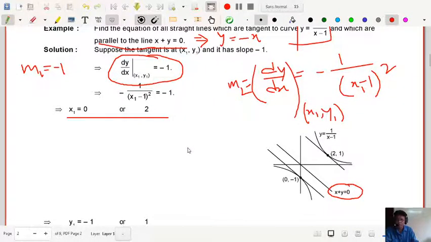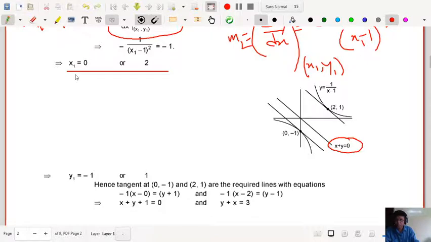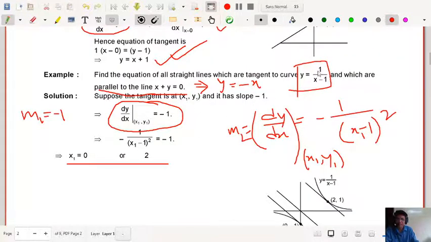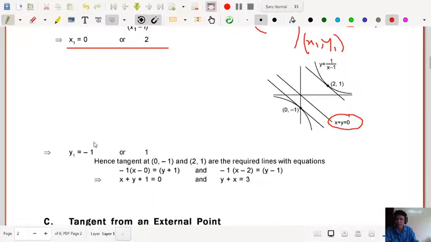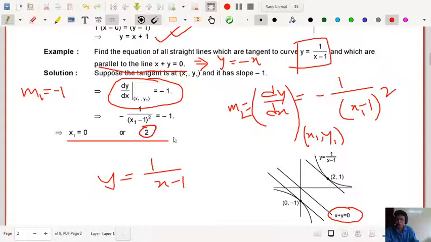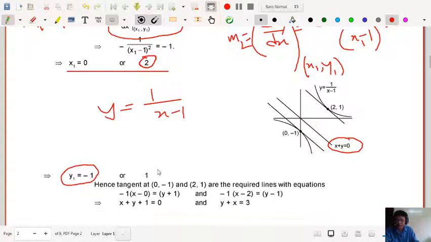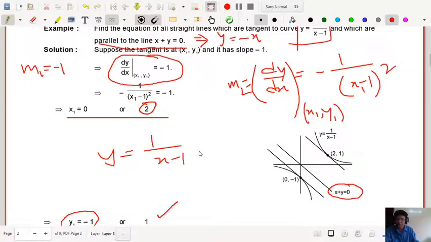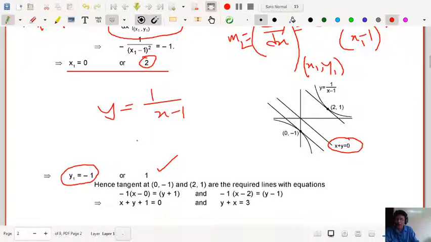Okay. For x1 equal to 0, because (x1, y1) lies on this curve y equal to 1 by (x minus 1), it gives you y1 equal to minus 1, and for x1 equal to 2, it will give you 1. So you have 2 points.